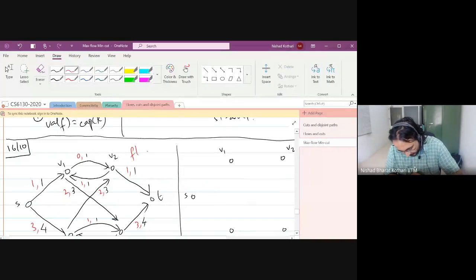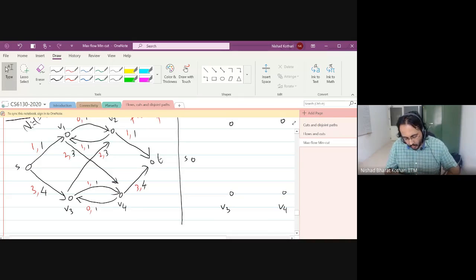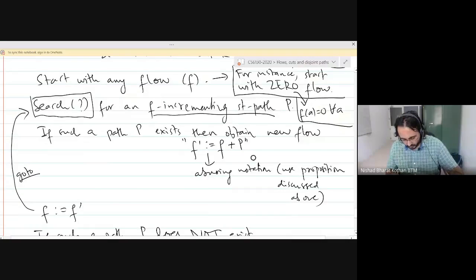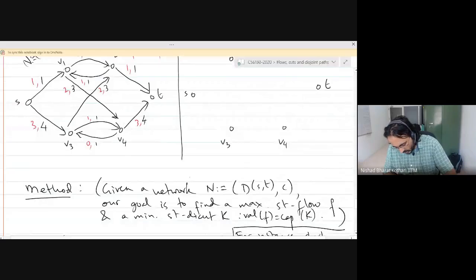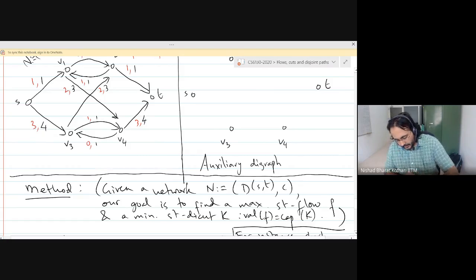The flow is f and the network is D. We will construct a different graph with respect to this flow. We will call this the auxiliary digraph with respect to this flow. I will call it D_f. So it depends on the flow f.